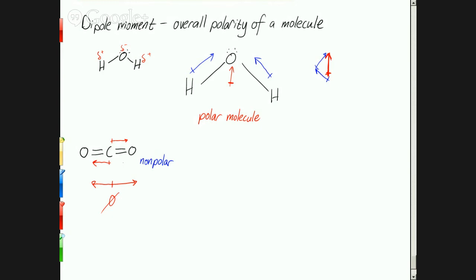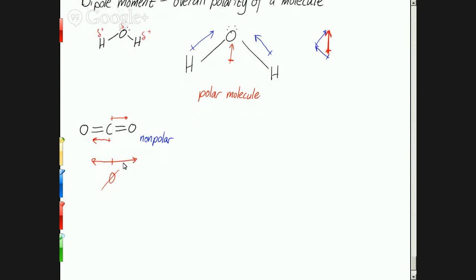Let's try another one. This is ammonia. Now ammonia kind of has a three-dimensional structure. I'll try to draw it best I can. It's a pyramid with the hydrogens coming down and the nitrogen on the top of the pyramid. So first question is, does it have polar bonds? Are nitrogen-hydrogen bonds polar?